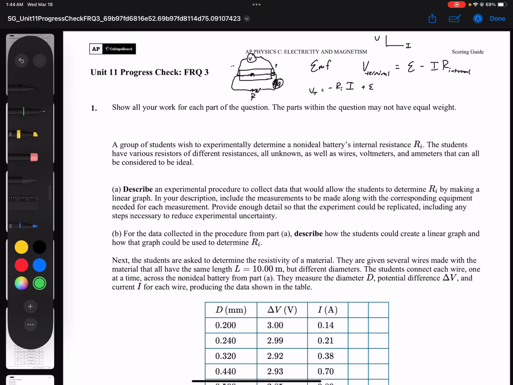And then we're going to linearize this. So y is equal to mx plus b. And then the slope, let's use a different color. So this slope here is going to give me the internal resistance of the battery. All right, and that's how you would design that experiment.